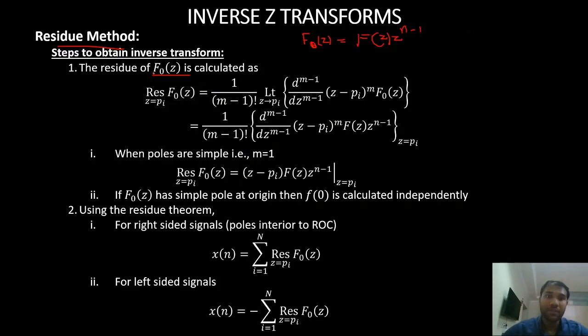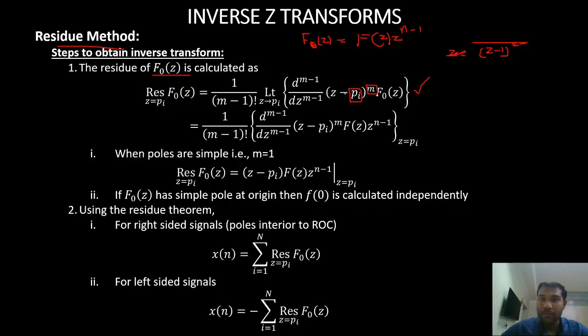For this F naught of Z, we'll calculate the residues using this formula. Pi is nothing but the pole, and m is the number of poles at that particular Pi. Suppose I have two poles, if I have z minus 1 whole square in my denominator, that means at z equals 1 I have two poles.